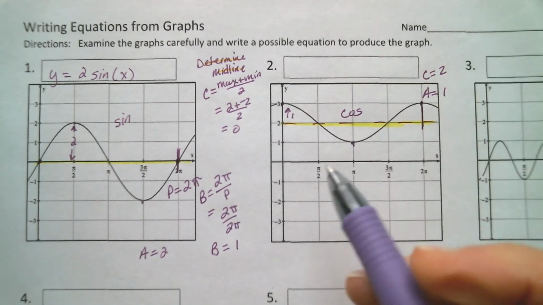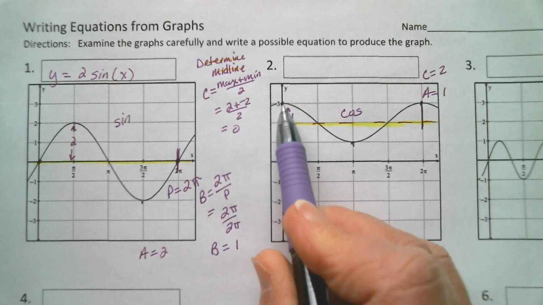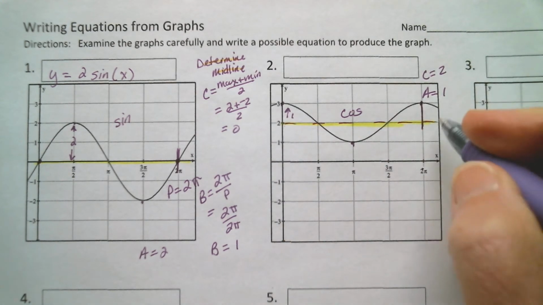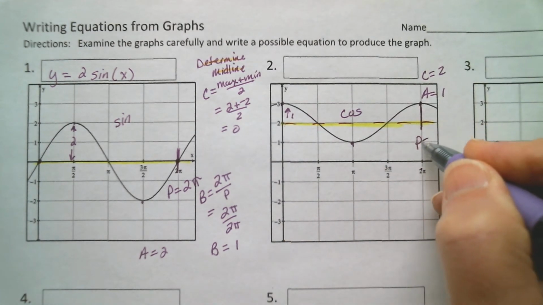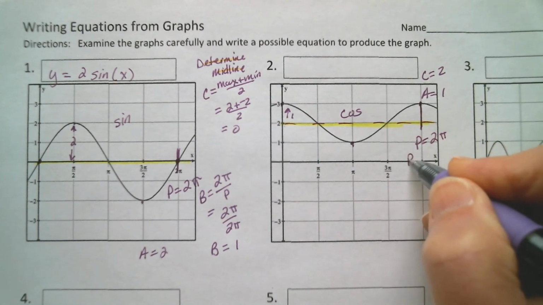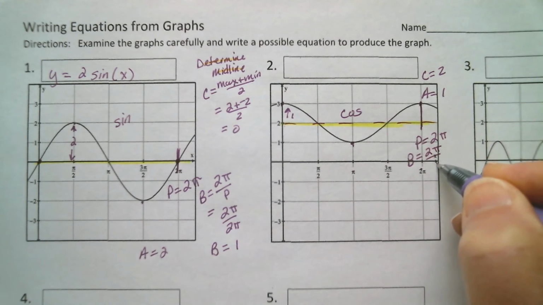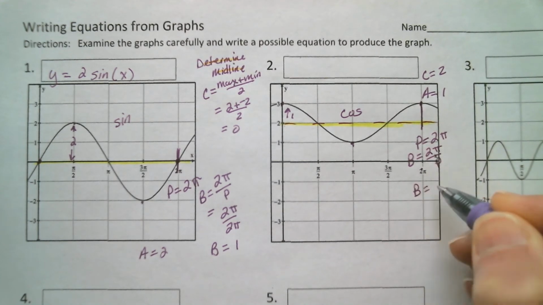What's the length from start to end for one full cycle? It's 2 pi. So our period is 2 pi, and our B value equals 2 pi divided by the period. So B equals 2 pi divided by 2 pi, which is 1.